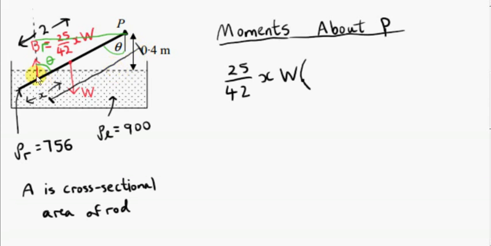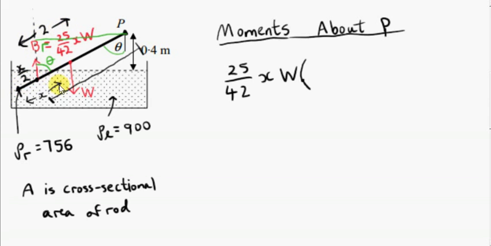Well, we will have to get this in terms of x. The distance from here to here is x over 2. Okay, it's half of x, because B acts at the midpoint of this segment. Actually, it's easier to consider this distance here. Okay, this is x over 2, and subtract this distance from the length of the rod, which is 2.